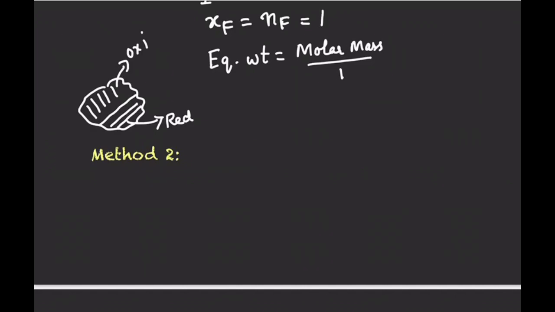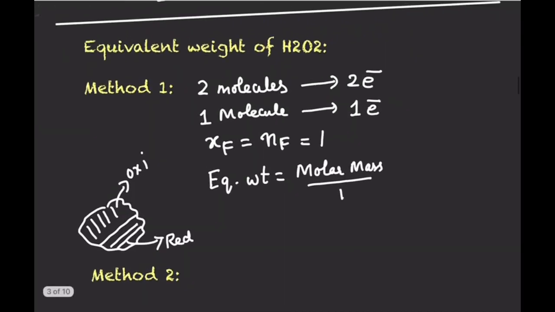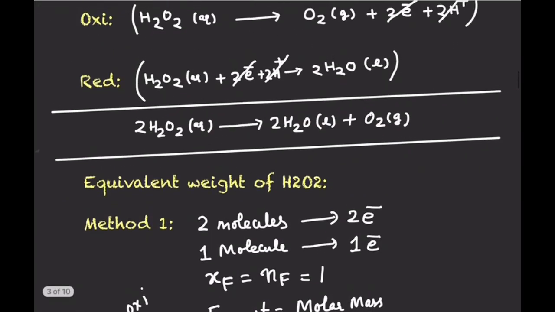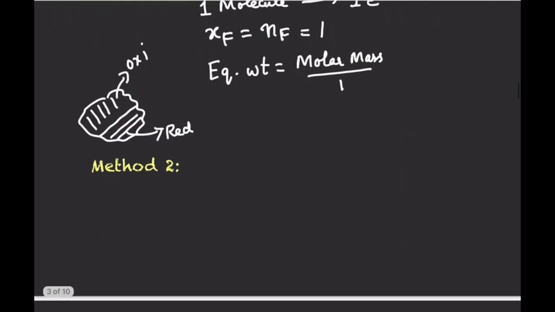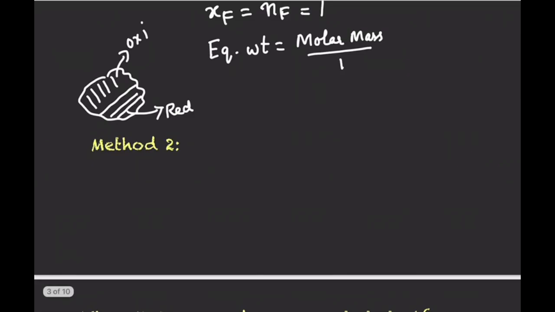So here in method 2, in oxidation H2O2 is converted into O2 by loss of 2 electrons. So 1 molecule of H2O2 is releasing 2 electrons. So in the oxidation reaction, equivalent weight is equal to molar mass divided by 2. So this is for the oxidation part.